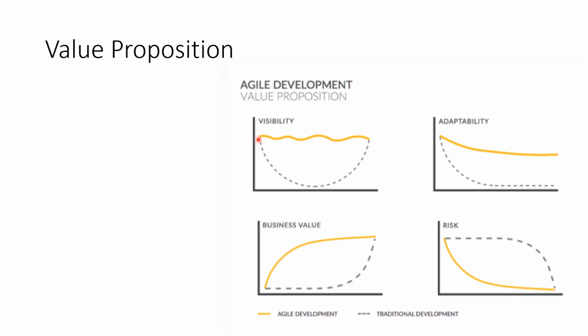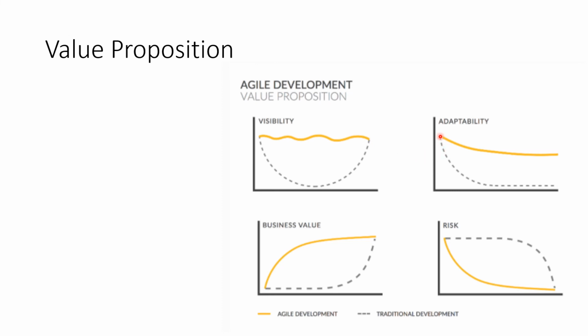In agile, visibility is very high because of the daily stand-up, burn down chart, and velocity measurement. Your customer knows what you are doing, and your management knows too. Anybody who comes into a room can understand who is doing what, how many sprints are going on, and how many stories are being done. Every piece of information is visible to everyone.